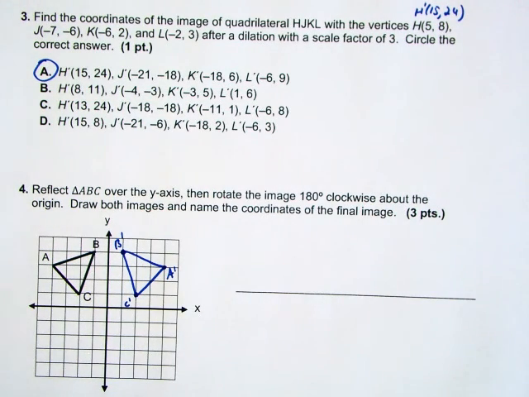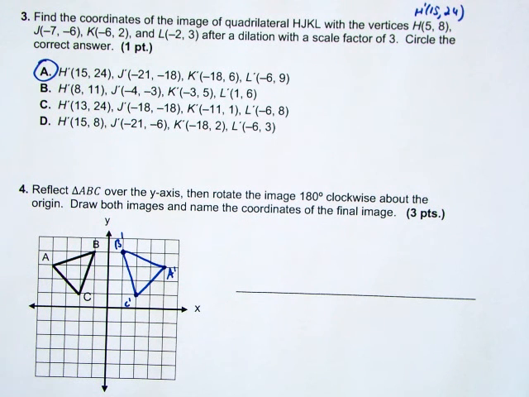Next thing I want to do is I want to rotate over the origin 180 degrees clockwise. Common mistake we saw was only doing the reflection or only doing the rotation.